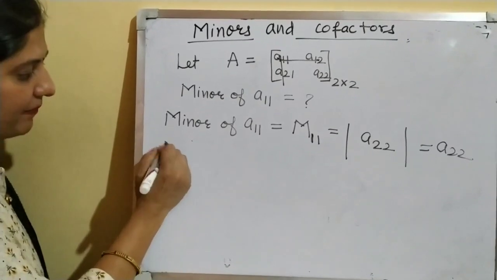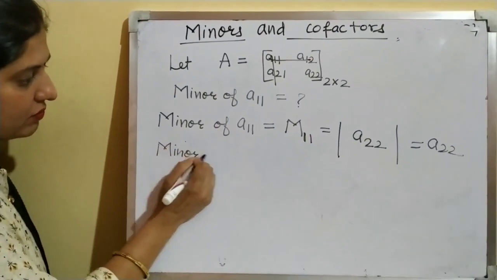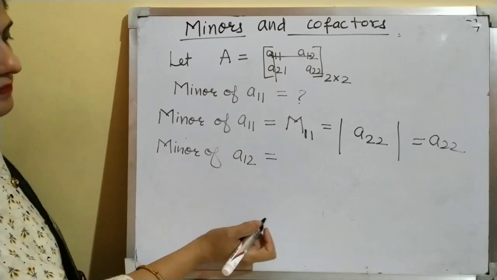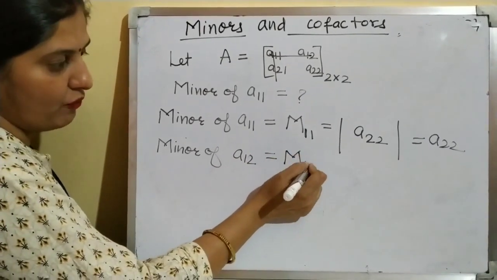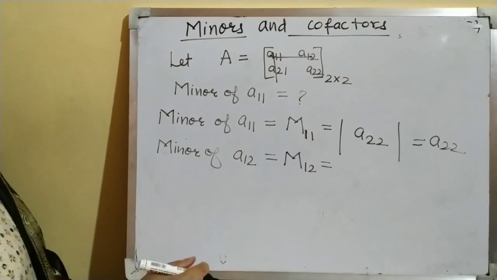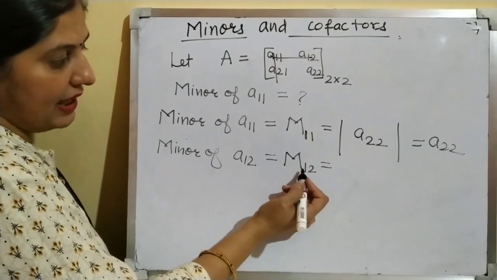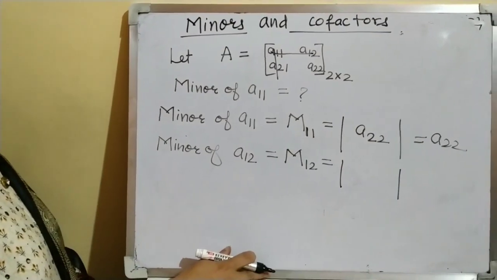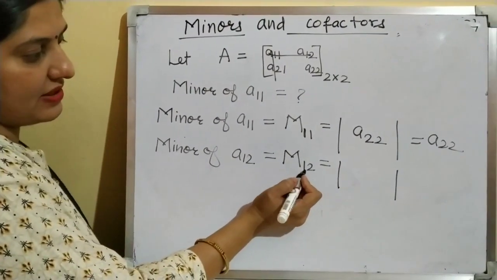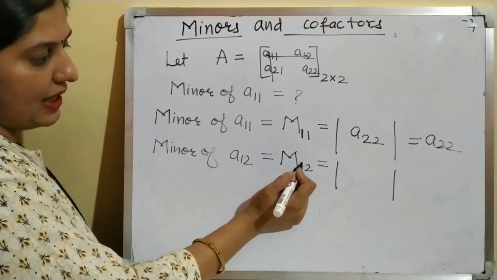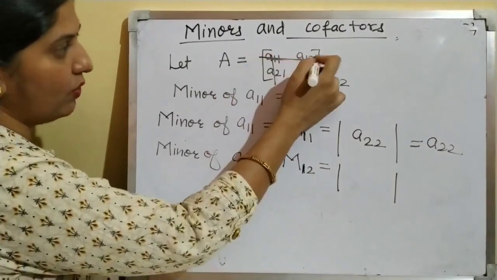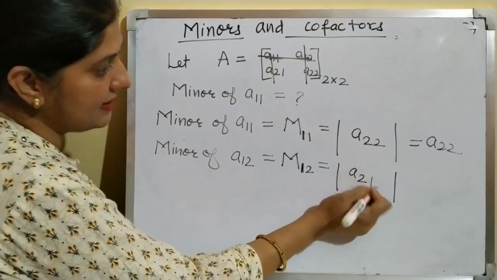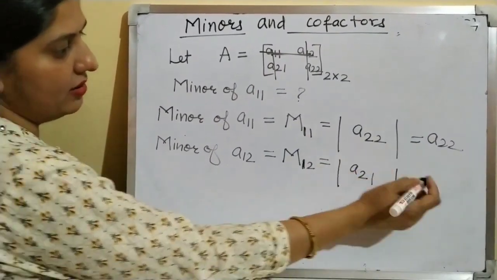In the same way, the minor of A12 is denoted by capital M12. The minor of an element is the determinant of the submatrix obtained by deleting the first row and second column. So write the element as it is and take the determinant.